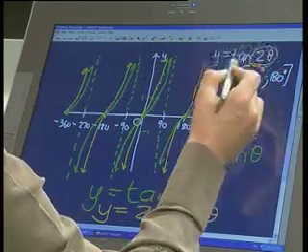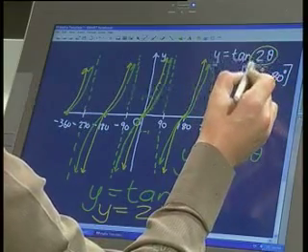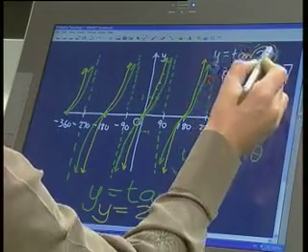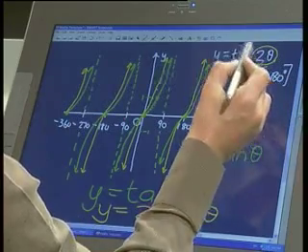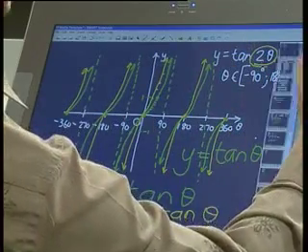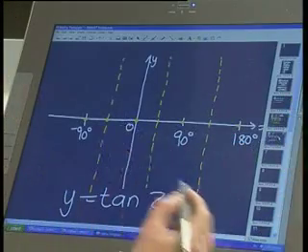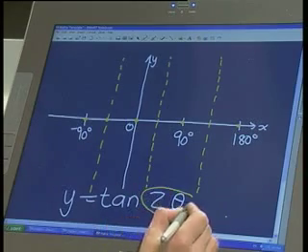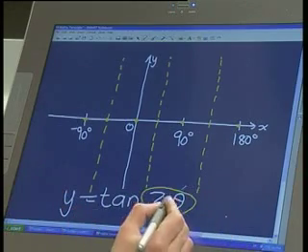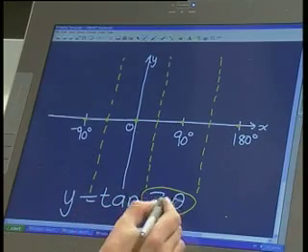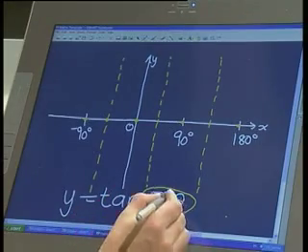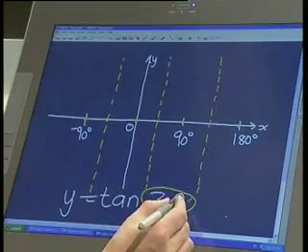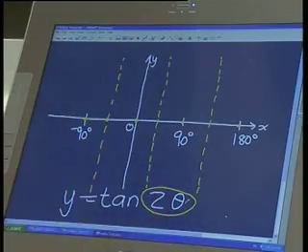So this error that we get on the calculator will occur every time the angle is 90 degrees. So if we've got 2 theta as part of the angle, then when we're working out tan, we get error if this is 90. What must theta be for this to be 90? Theta would have to be 45. And that's why your error, or your undefined, now occurs when theta is 45.